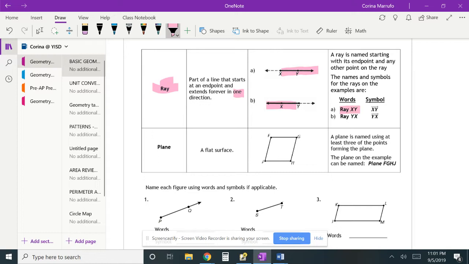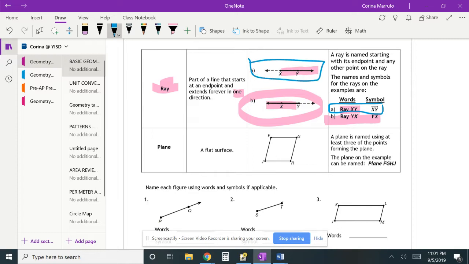So you have ray XY, and then you also have ray YX. So B, this one right here, represents this one. And then the other one, which is this one right here, A, is represented by this one. So in a ray, the order does matter the way that you write the letters. You have to start with the endpoint and then the next one where the direction goes on forever.